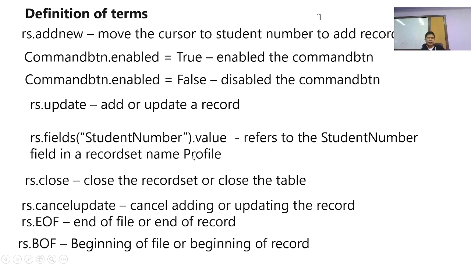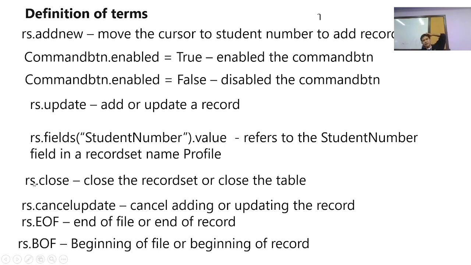Let's say we have a table named Profile. In our example, we have a record set named Profile. So there we have a student number field, and then you can refer to the value of the student number.